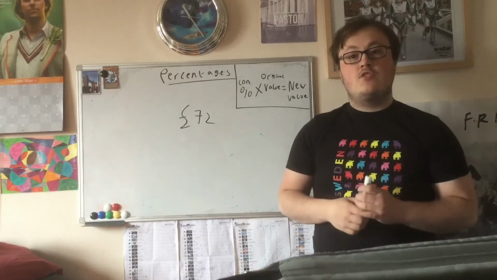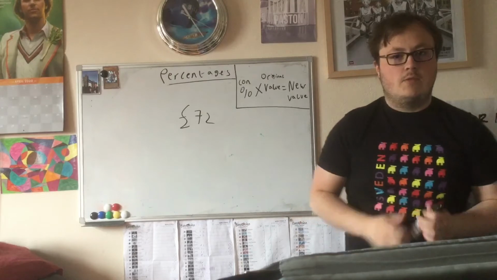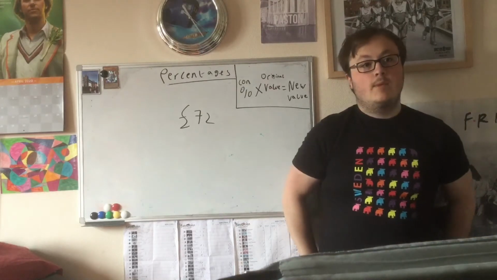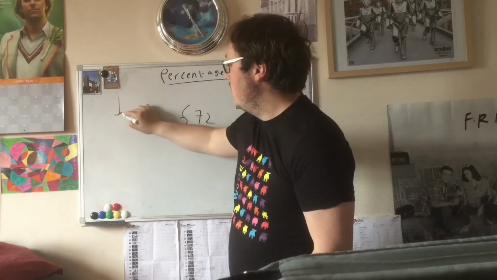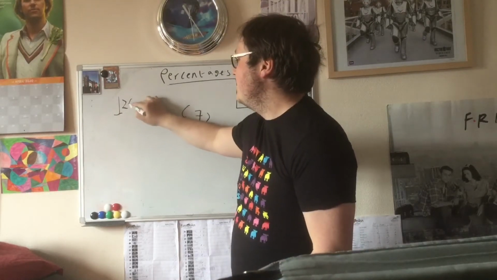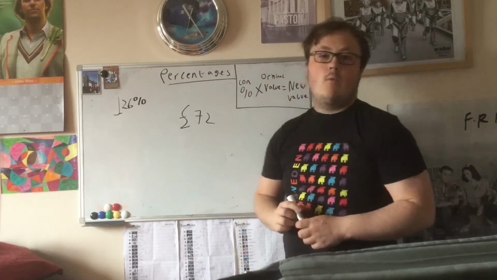There were these pair of shoes that I really liked that were £72. I didn't want to spend that much on them though. So I went back the following week, and now the price had decreased by 26%. How much were they now?